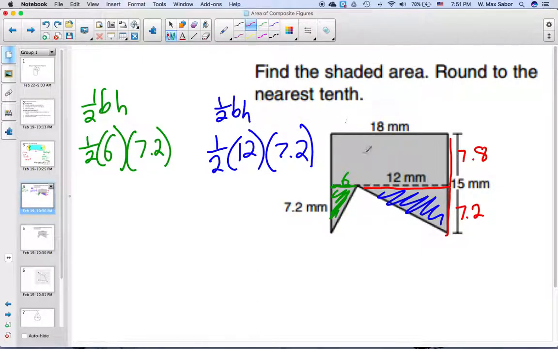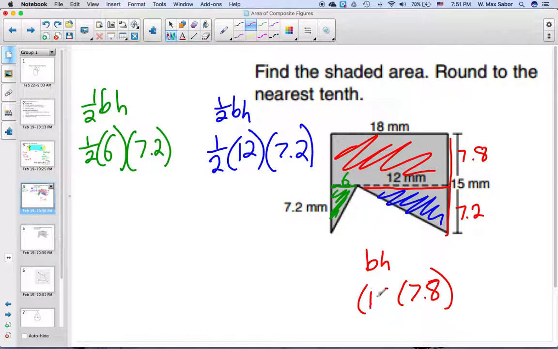And lastly, the rectangle. The area is base times height. The height is 7.8, and the base is 18. Now we've set it up, we can simplify each of these. The first one simplifies to 21.6. The second one simplifies to 43.2.